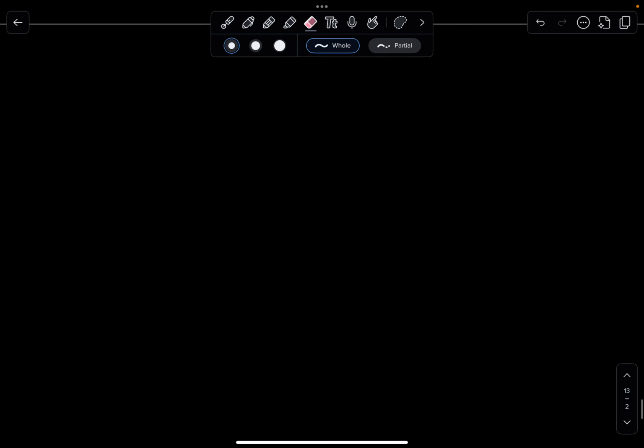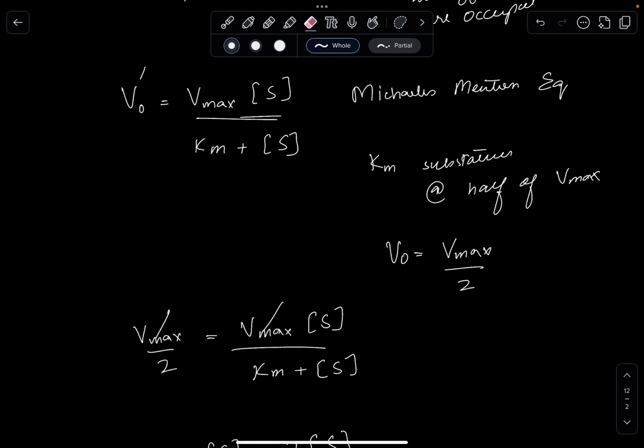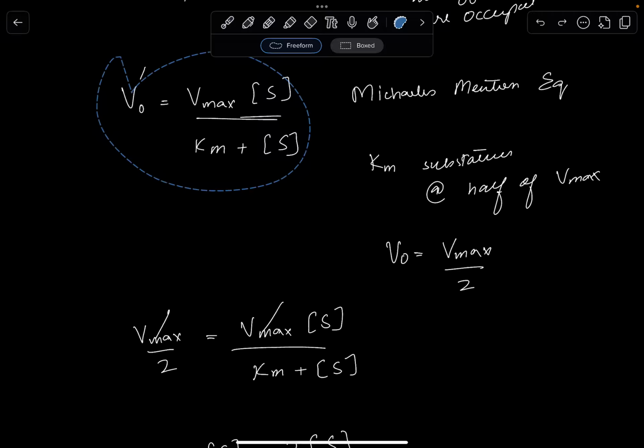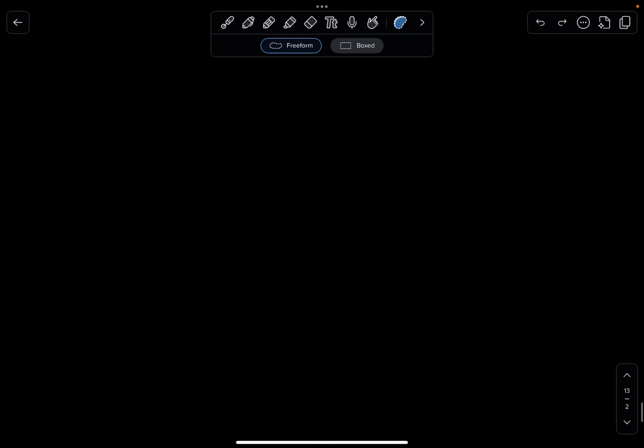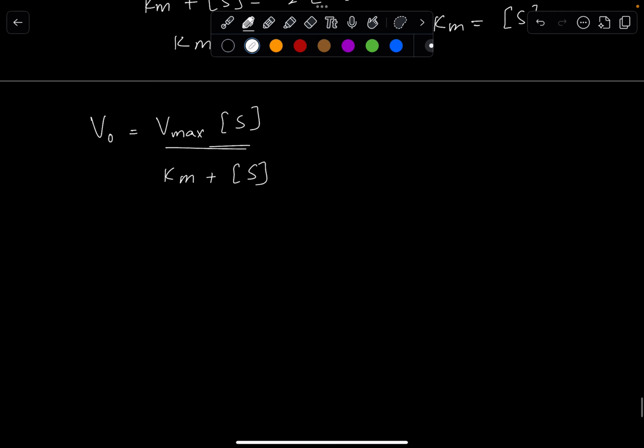The other thing I want to note for you here is, this is the Michaelis Menten equation, right? So if I take this and I take the reciprocal of it, for the Lineweaver Burk plot.